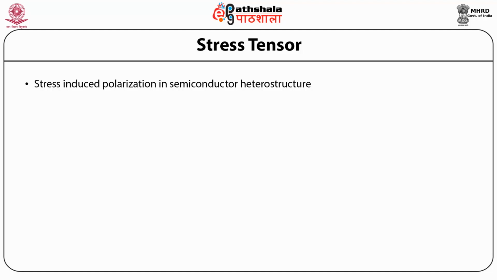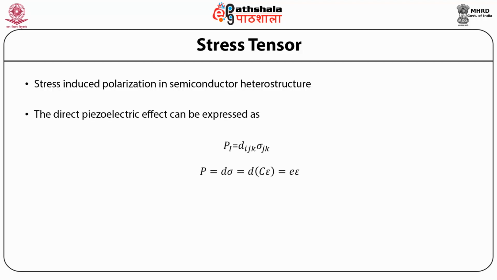A polarization field can be produced within a material when a stress is applied to it. This is known as the direct piezoelectric effect and can be expressed mathematically as Pi is equal to Dijk sigma jk, where the components of D are called the piezoelectric moduli.